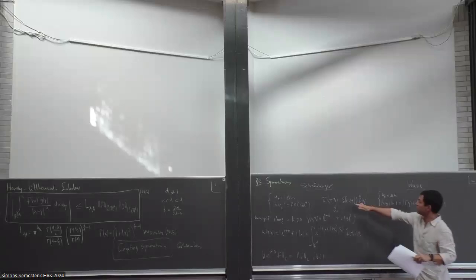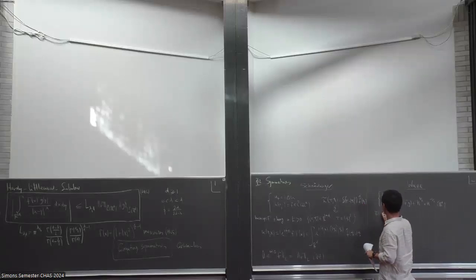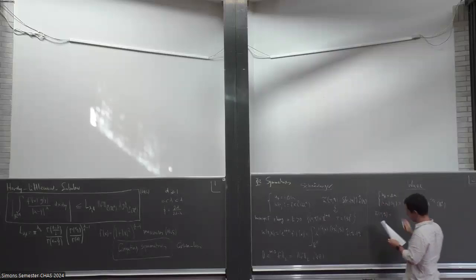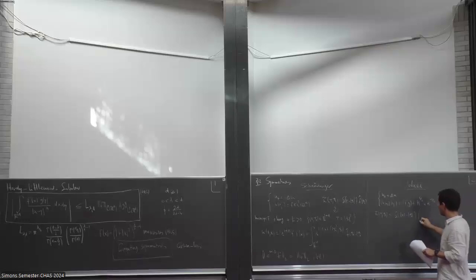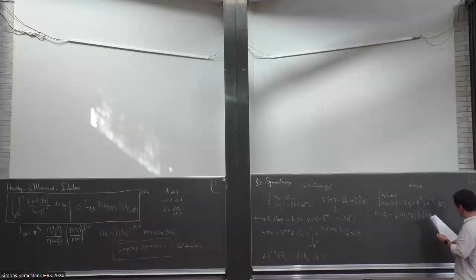We can do the same trick, so we can do the space-time Fourier transform for the solution of the wave equation, and what we get is now a delta of absolute value of tau minus absolute value of xi, times various Fourier transforms of the initial data, with proper normalization: f hat of xi plus the sign of tau divided by 2 times absolute value of xi times g hat of xi. Okay.